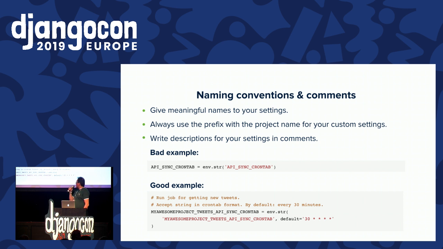And as we all know, naming variables is the hardest part of development, so this applies to settings too. We cannot impose rules on Django or third-party settings, but we can follow these simple rules for our custom settings.